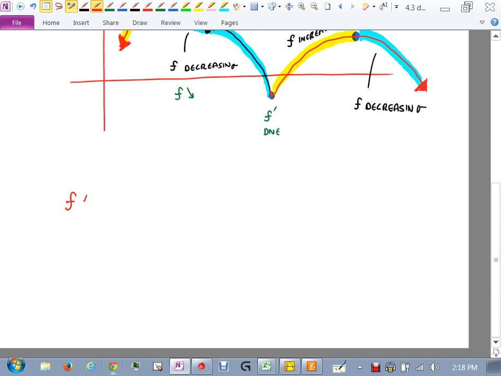F increasing on some interval I, so I is going to be an interval, means the derivative is what? Positive. How do I say that? Greater than 0 on I. If I say that f is decreasing on an interval I, that means what? The derivative must be negative on I.